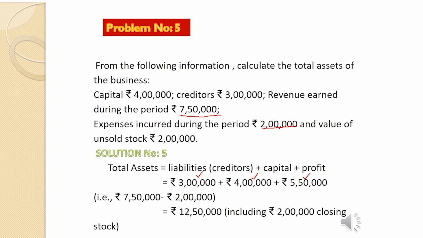So now you add 3 lakh plus 4 lakh, 7 lakh. 7 lakh plus 5,50,000, 12,50,000. So 12,50,000 is the total assets, which includes 2 lakh as closing stock. Okay. Is it clear?